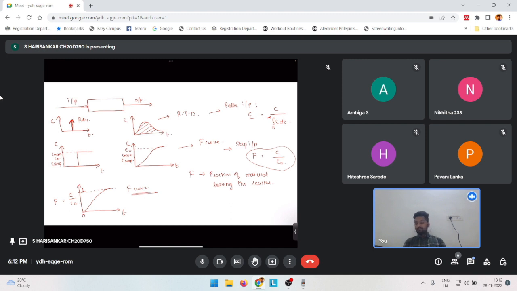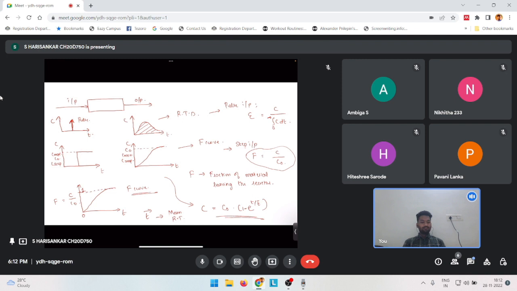So one of the basic relations that we can have for an F curve, from the C curve, we can write C, or the outlet concentration C, is equal to C0 into 1 minus e raised to t by t bar, where t bar is the usual one, mean residence time.